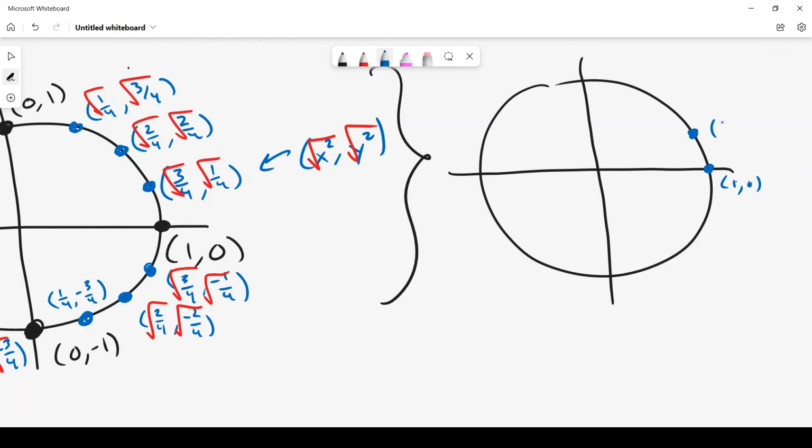This is a square root of 1/2. Yeah, this is 1/2, and now this would be square root of 3 over 2. This would be square root of 2 over 2, square root of 2 over 2, square root of 3 over 2, and 1/2. And then right here would be 0, 1.